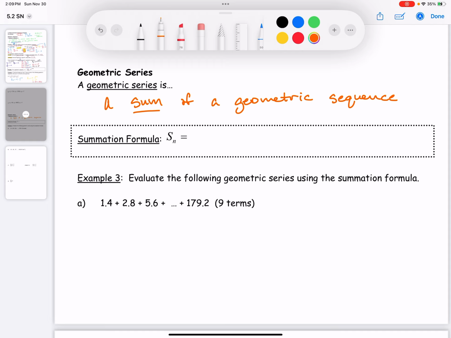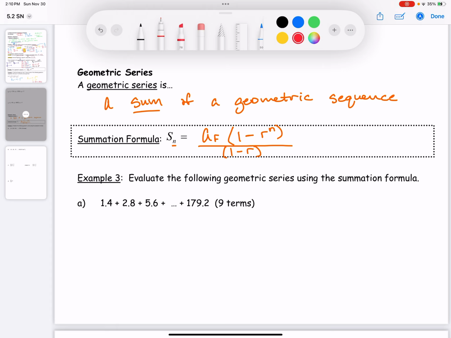To find the sum of n terms, you would take your first term, a1, and multiply that by 1 minus the rate to the nth power, and divide this whole thing by 1 minus the rate. So the best way I think to illustrate this is an example.